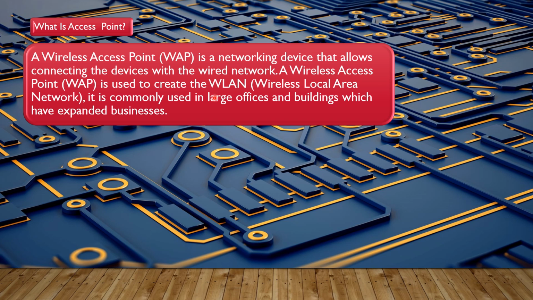In a wireless network, the wireless access point is connected by Ethernet. After that, the wireless LAN is connected to all the wireless laptops, mobiles, or everything connecting with that wireless. After that, it takes them to the local area network connectivity. So it's called the wireless local area network. It is commonly used in large offices and buildings which have expanded business.